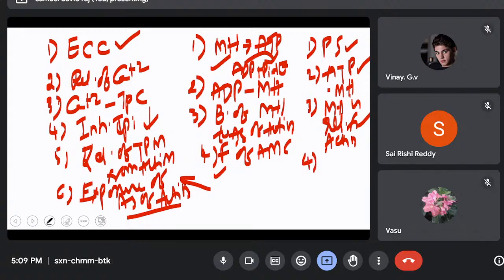Once the release takes place, it exhibits the recovery stroke, where it comes back to the normal position and is exposed to new active sites of the actin filament.